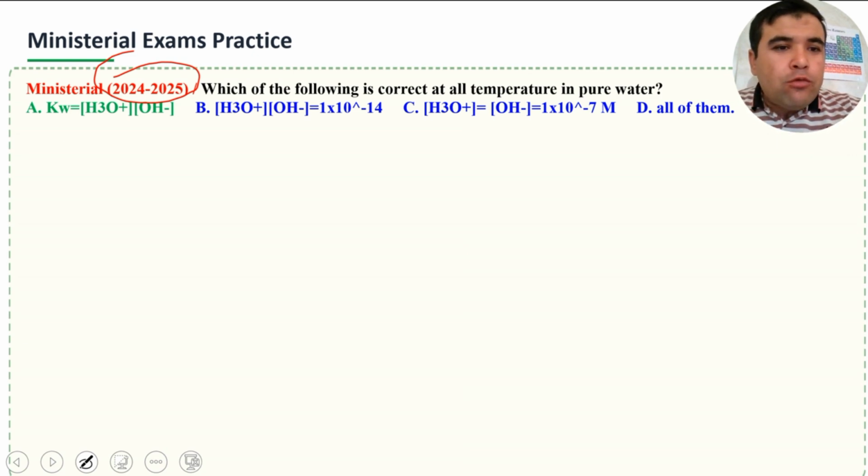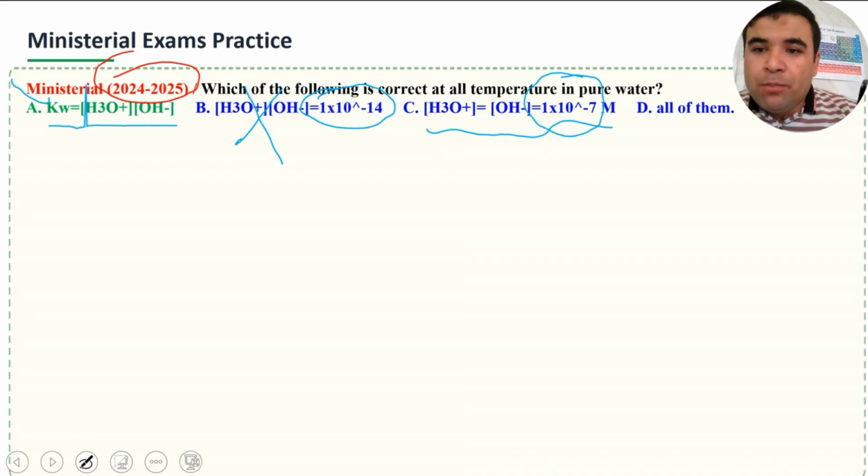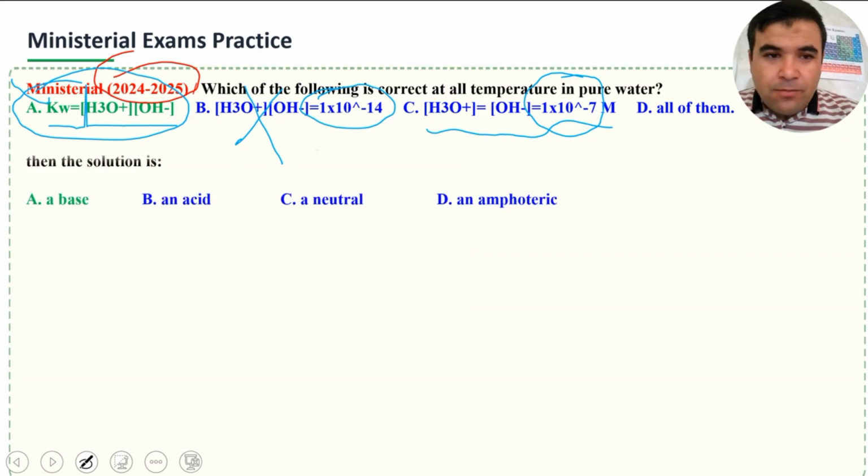So Kw equals hydronium multiplied by hydroxide is true at all temperatures, but this multiplication is not equal to 10 to the power minus 14 at all temperatures; it's only at 25 Celsius. So B is incorrect. And they are not equal to 10 to the power minus 7 at all temperatures. So A is the correct answer.